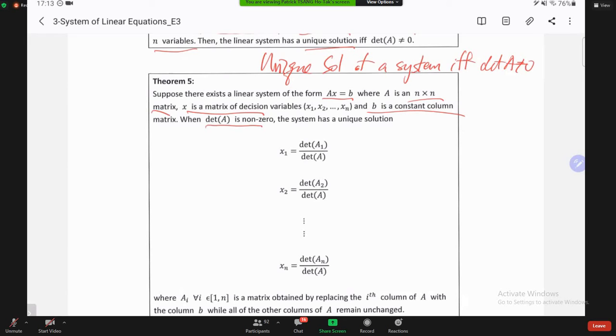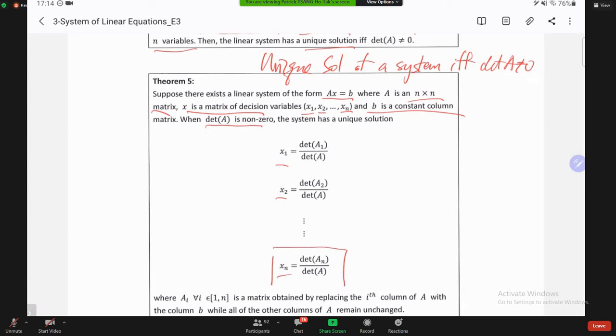But how to find the solution value? That means we would like to find x1, x2 until xn for the decision variable matrix X. Theorem 5 will be the answer for us: x1, x2, and xn can be computed by the following formula.